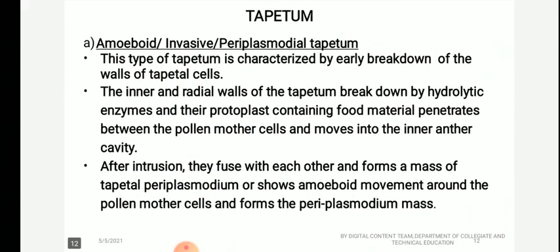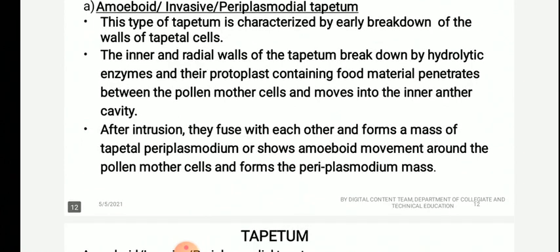Okay. Now let me go to the amoeboid tapetum. This type of tapetum is characterized by early breakdown of the walls of the tapetal cells. I had told you this. The inner and radial walls of the tapetum break down by hydrolytic enzymes, and their protoplast containing food materials penetrates between the pollen mother cells and moves into the inner anther cavity.